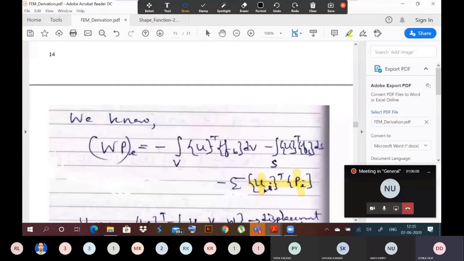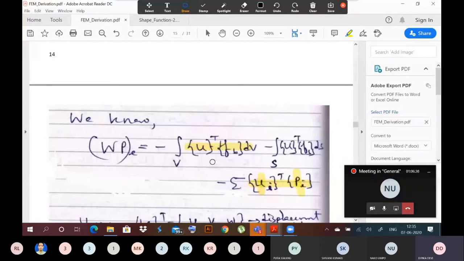But here, in the body force term, let's say the element is subjected to some body force Fb per unit volume. Fb is your body force per unit volume. Again, this body force may have three components. It may have Fbx, Fby, and Fbz.